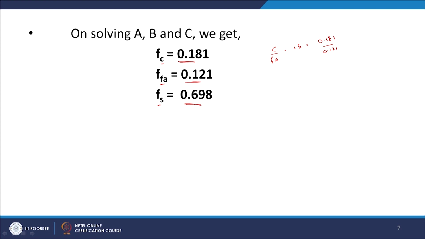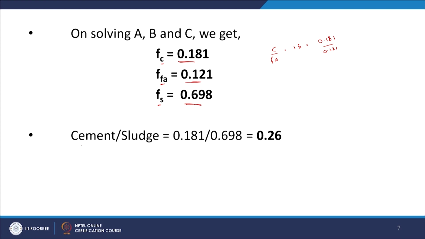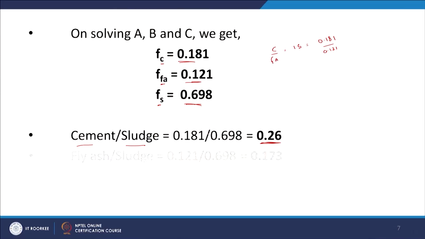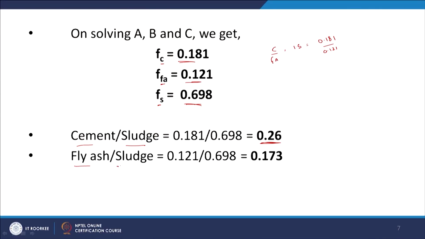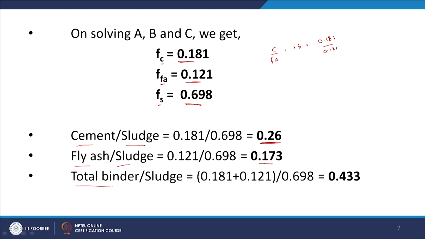And obviously the sludge here. So, let us look at the total binder content, cement by sludge, that is something to look at. We are adding cement at 0.26, in the ratio of 1:4 with respect to sludge, right. Fly ash to sludge is 0.173, that is obvious, right, and total binder to sludge is something that we are typically concerned with.